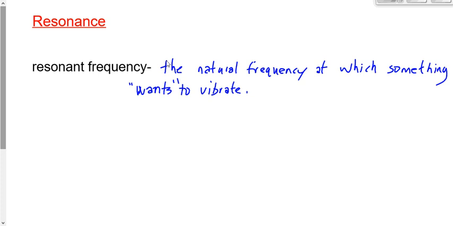If I put the meter stick over the edge of the desk and do this, it vibrates back and forth at a particular frequency. If I change the length of this meter stick by bringing it in, then the natural frequency of the meter stick changes, hence the frequency at which it vibrates is different, hence the sound that you hear is different. Natural frequency at which it wants to vibrate.